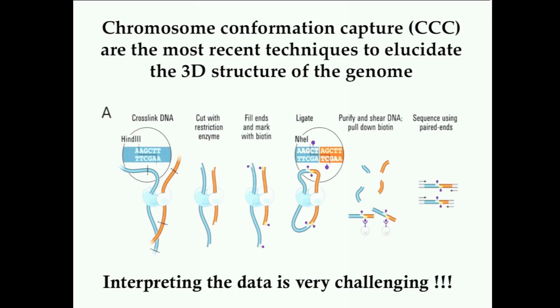Of course, it's going to be an average over many cells. But a key aspect here is the idea of chromosome proximity. Things that are close in space, or chromosomes that are close in space, will have more DNA readouts than things that are far apart. All right, does that make sense?